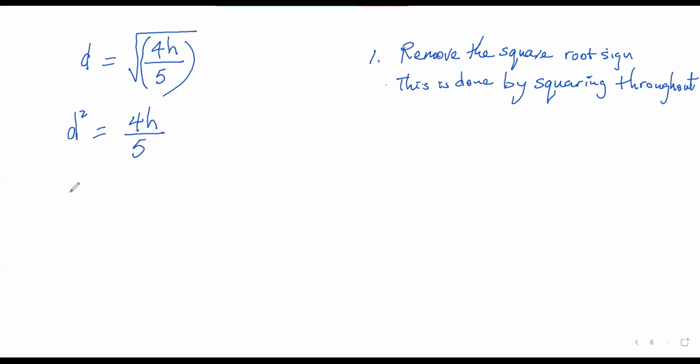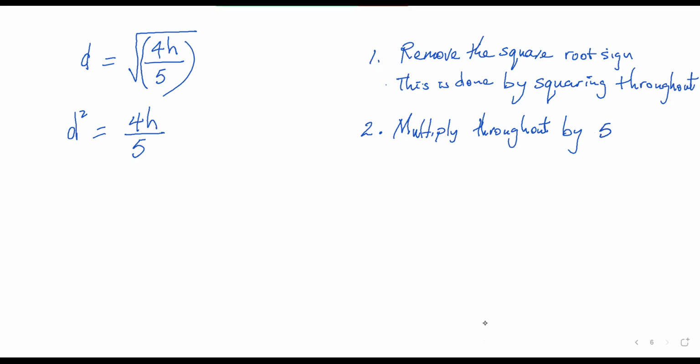Good. So the next thing that we do is multiply throughout by 5, or cross multiply. I notice people not looking at the videos.